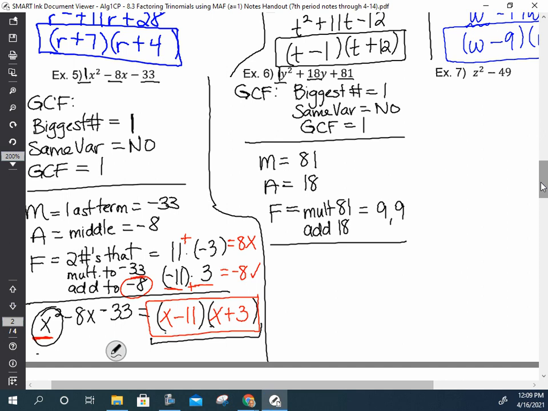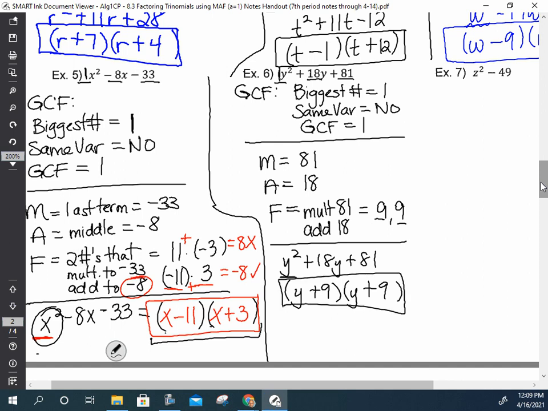So now we can write our answer. We have our problem, put our two parentheses. Y squared is y times y, and our two numbers go inside. What do you notice about the two parentheses?